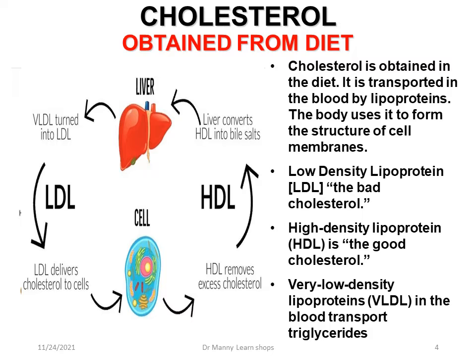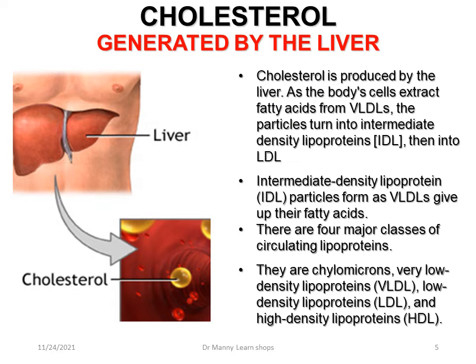Then you've got very low density lipoproteins, VLDL, and they transport triglycerides. Now cholesterol generated by the liver, it's important. And as the body cells extract fatty acids from the VLDLs, or very low density lipoproteins, the particles turn into IDLs, intermediate density lipoproteins, and then into LDL, low density lipoproteins.